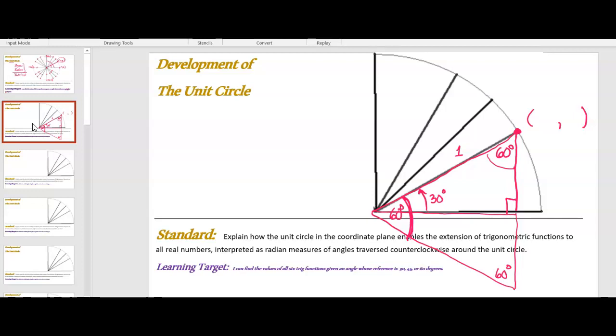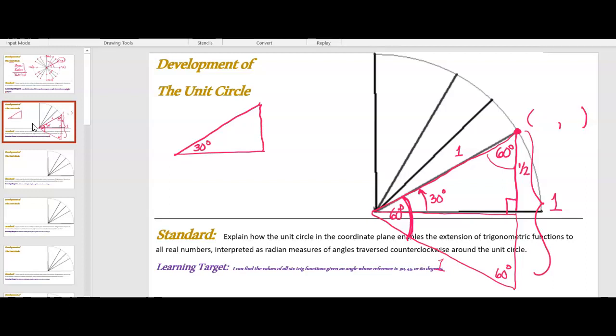So this side is 1, this side is 1, and the entire length of this long side is 1, and we cut the angle in half, which cuts the side in half, which means that this side is 1/2. So right now we're looking at this triangle.